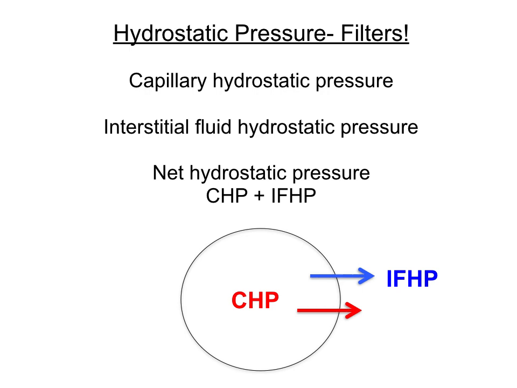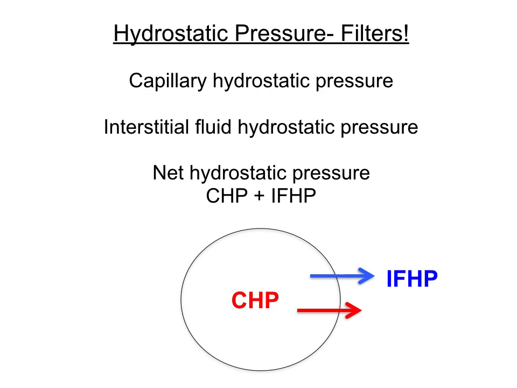Now, using them, you can calculate what is called net hydrostatic pressure, which is the total filtration pressure you have across the wall. To calculate net hydrostatic pressure, you take your capillary hydrostatic pressure and you are going to add to it your interstitial fluid hydrostatic pressure. Now you're going to add the interstitial fluid hydrostatic pressure as a positive value because it is adding to filtration.